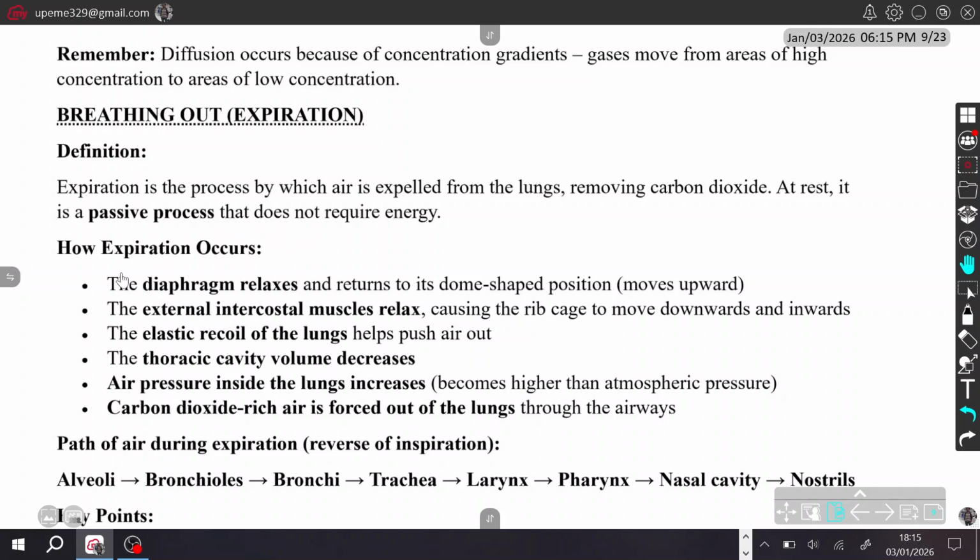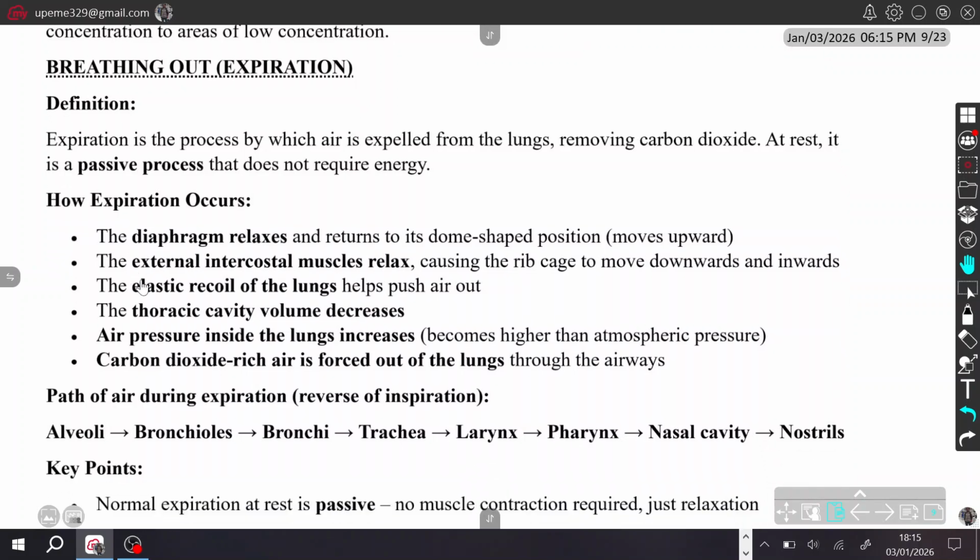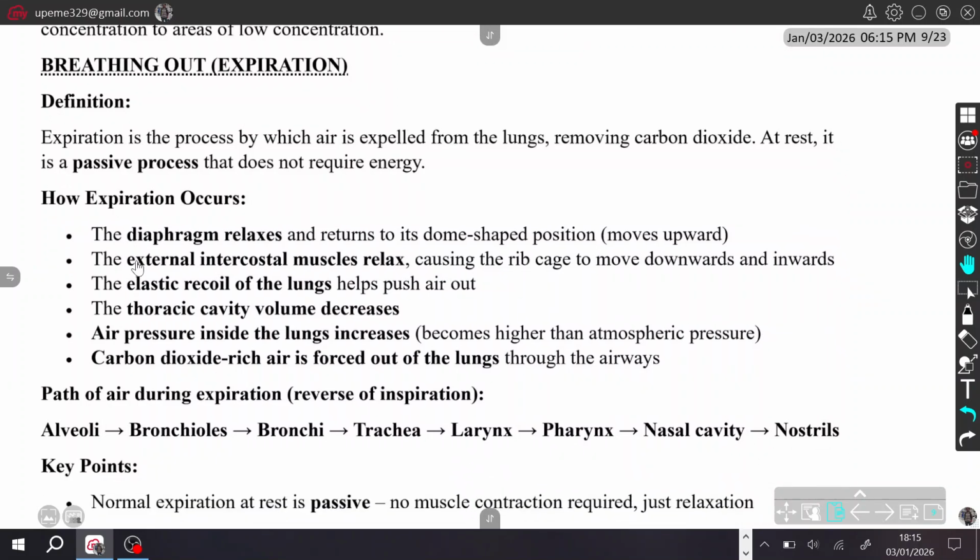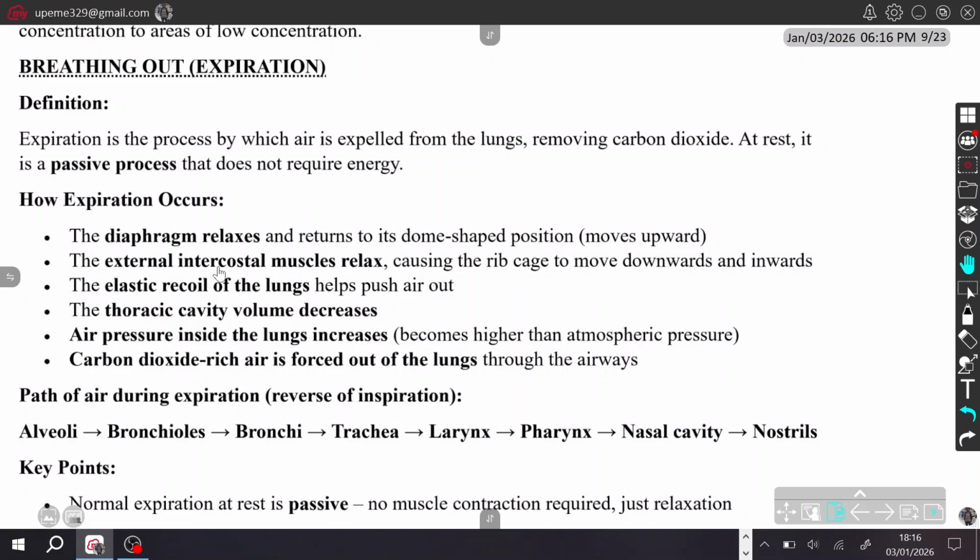Now, how does expiration occur? One, the diaphragm relaxes and returns to its dome-shaped position. It moves upwards. So the diaphragm will move upward.